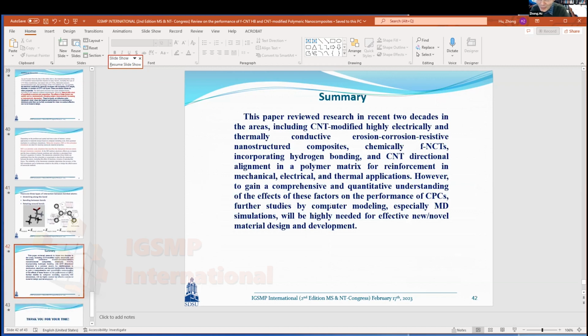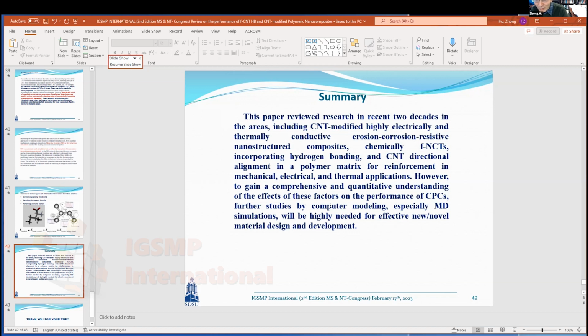So here is the summary. We quickly reviewed the research of the recent 20 decades in this area, including carbon nanotubes modified for high electrical and thermal conductivity, erosion and corrosion resistant nanostructured composites, and chemically functionalized carbon nanotubes incorporating hydrogen bonds. Also including the directional alignment in the polymer matrix for reinforcement.